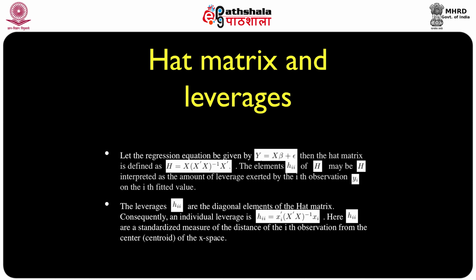Consequently, an individual element is given by h_ij, which equals x_i prime (X prime X) inverse x_j, and the diagonal elements h_ii are given by x_i prime (X prime X) inverse x_i. Here h_ii are the standardized measure of the distance of the ith observation from the center, or centroid, of the X space.